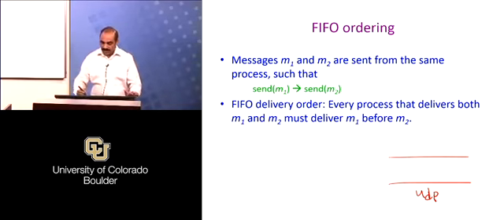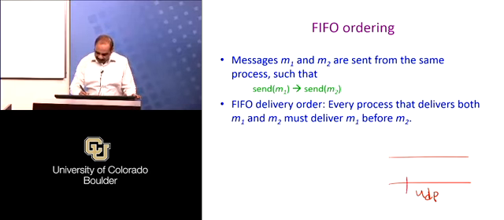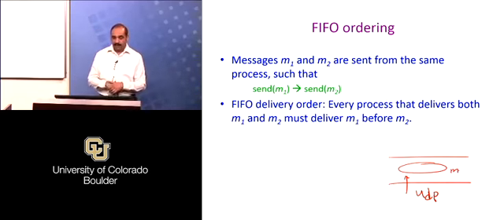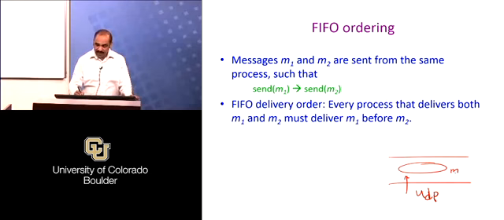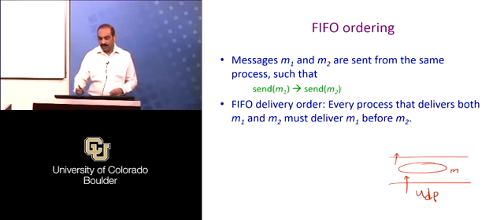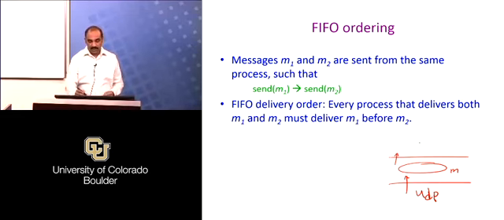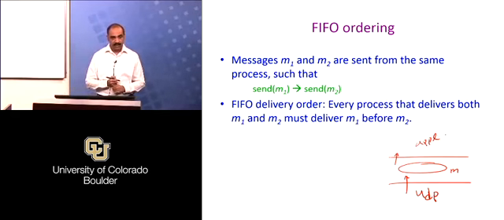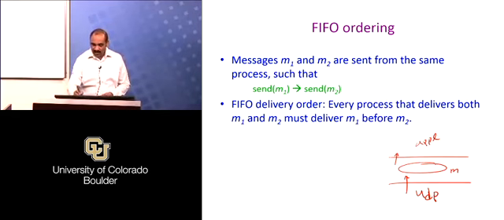Then let's say this layer here receives a message M. This layer may actually keep M in a buffer until it is sure that every message that was sent before M has been seen by the application already. So it may delay the delivery of this message M to the application.